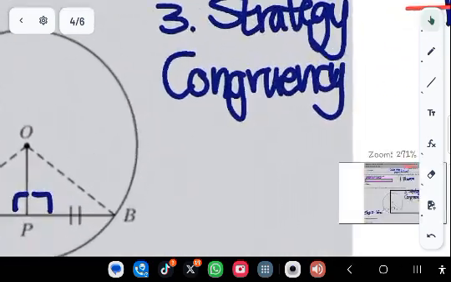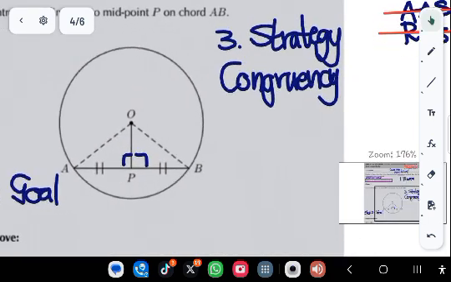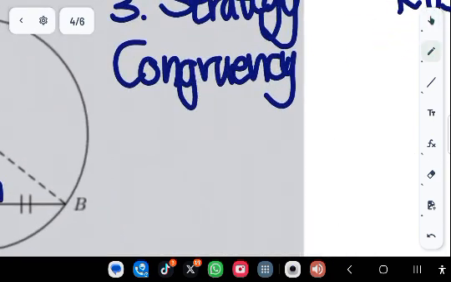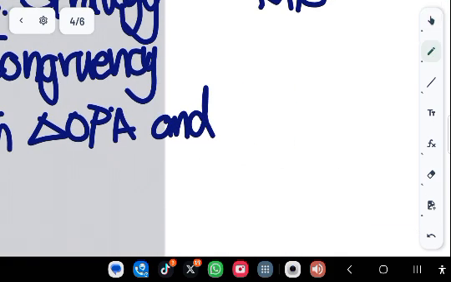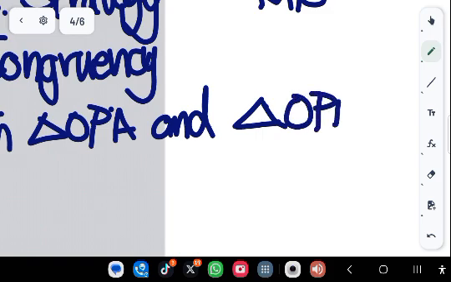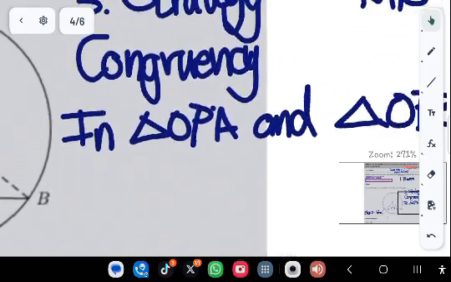All right. What will the first side be? In triangle OPA and triangle OPB, OP is common.